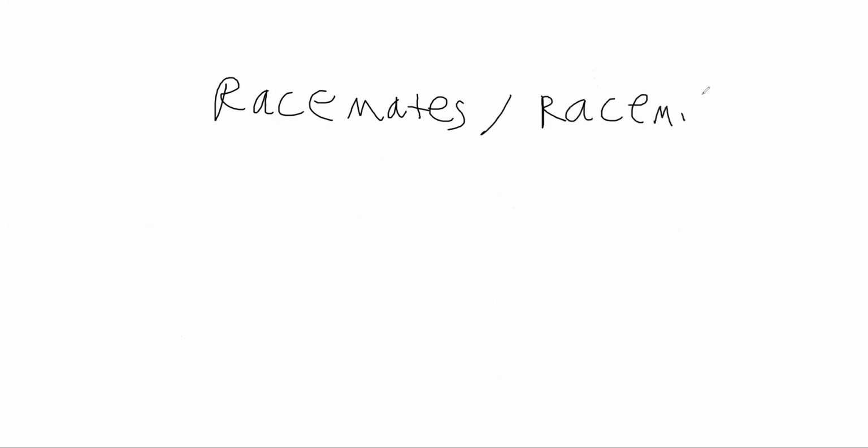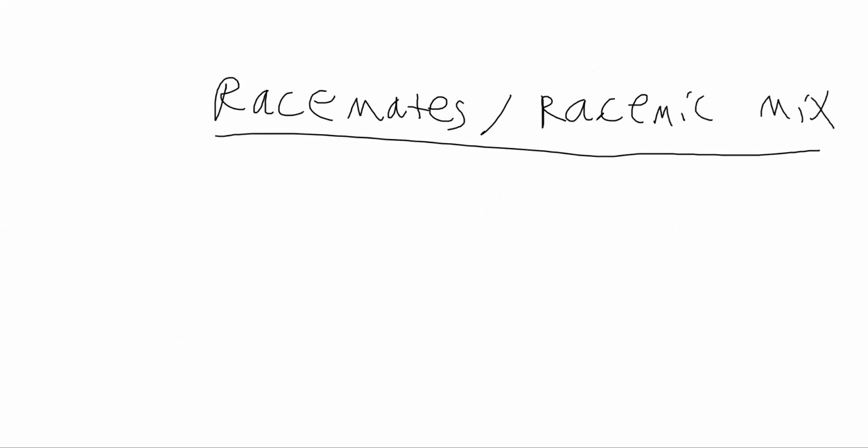Okay. And the last thing from chapter 5 is racemates or racemic mixtures. So racemic mixtures are 50-50 mixtures of a pair of enantiomers.